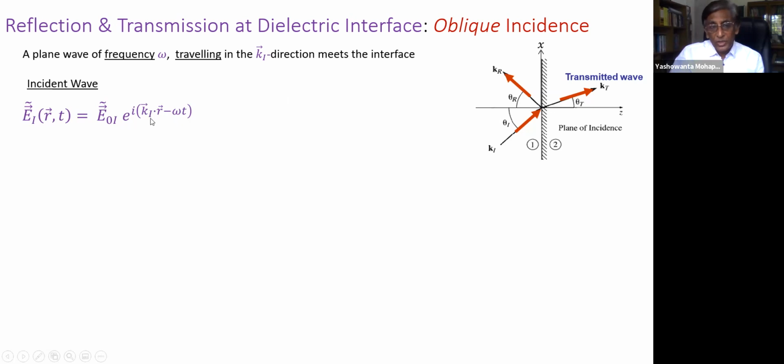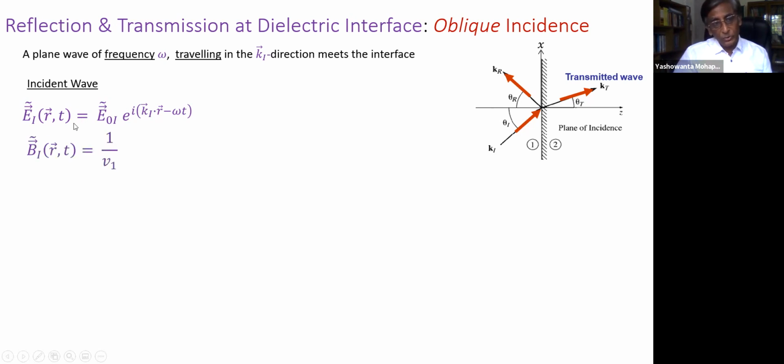We have generalized: ki is the general direction in which this is traveling. So ki dot r is equivalent to k1 z if it was normal. If it is not normal, you take the dot product of the position r with the direction of ki.